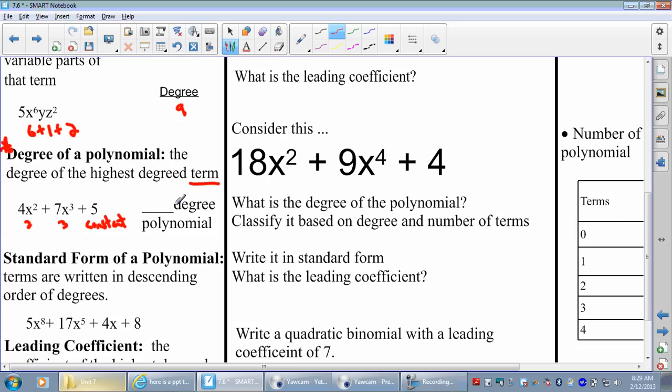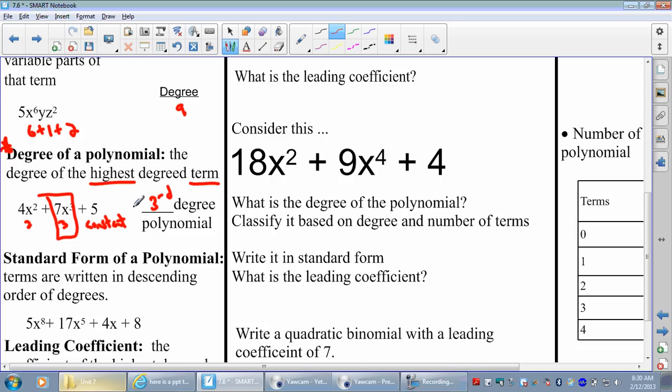Now, what's the degree of this polynomial? Well, it's the highest degree term. So this one right here is telling us what the degree of the polynomial is. It's a 3rd degree polynomial. As long as you just have 1 variable as part of each term, you're really just zeroing in on, hey, what's the highest exponent?